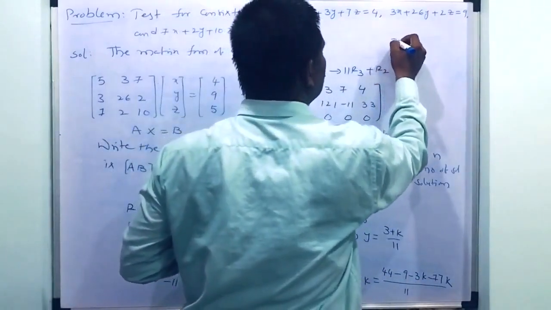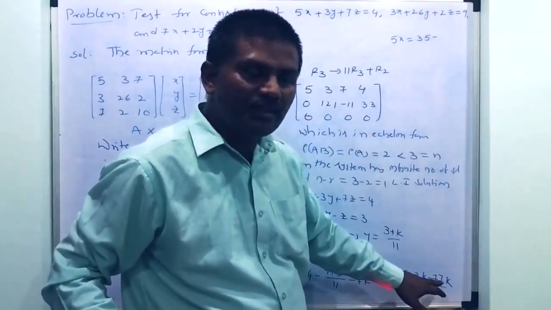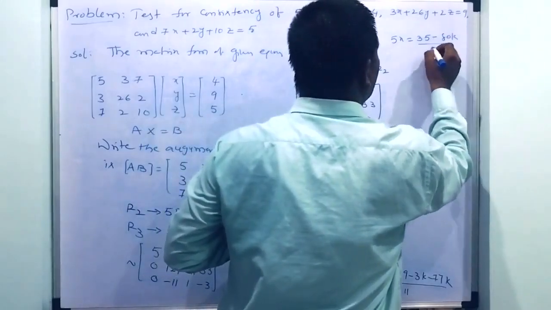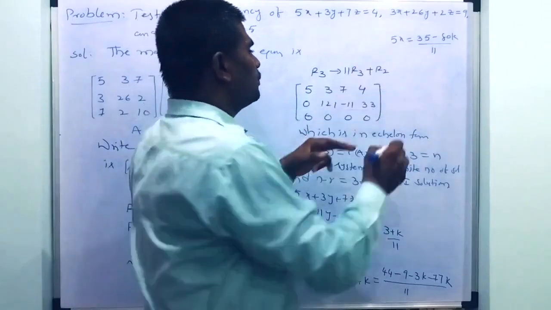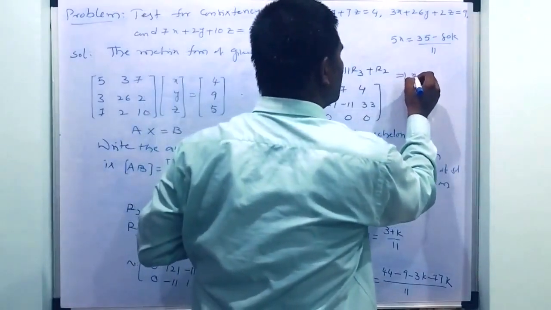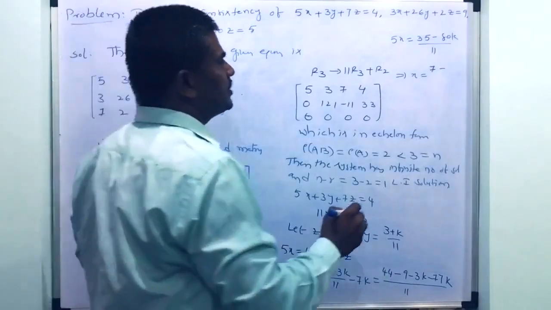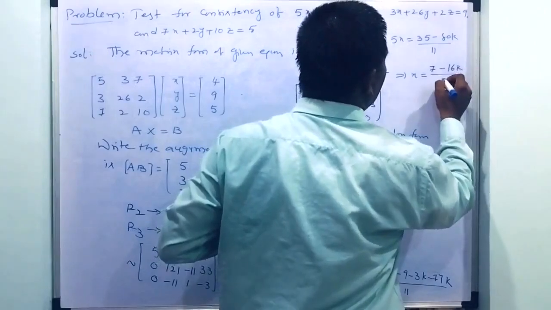So 5x is equal to 35 minus 3k minus 77k, that is 35 minus 80k by 11. Take out 5 as a constant. On both sides 5 will be cancelled. So x is equal to 7 minus 16k by 11, since 16 5s are 80.